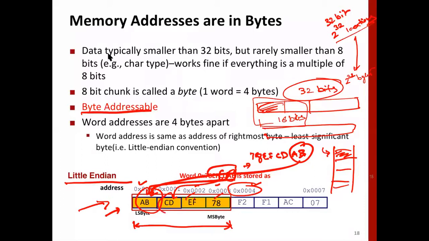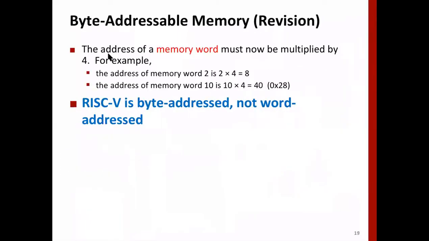The second byte is the second byte from the rightmost side, and so on. You have to remember that, and there will be examples we'll see. Knowledge of this is necessary.